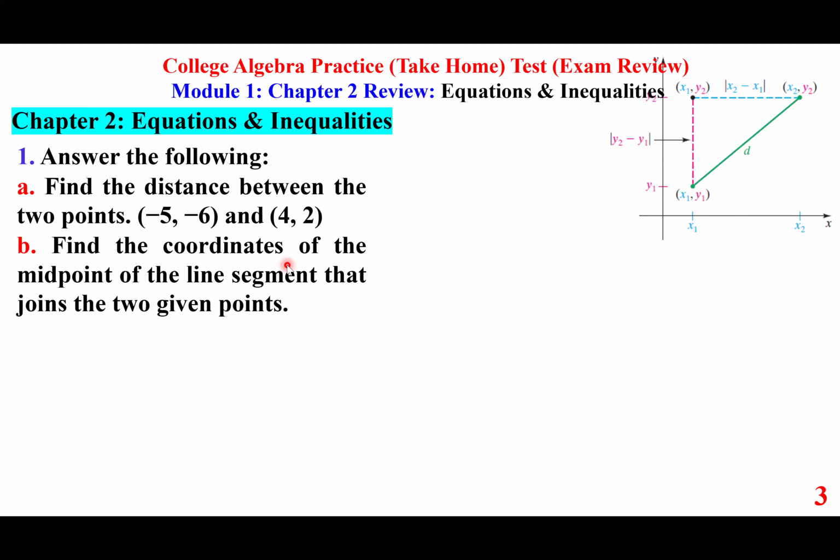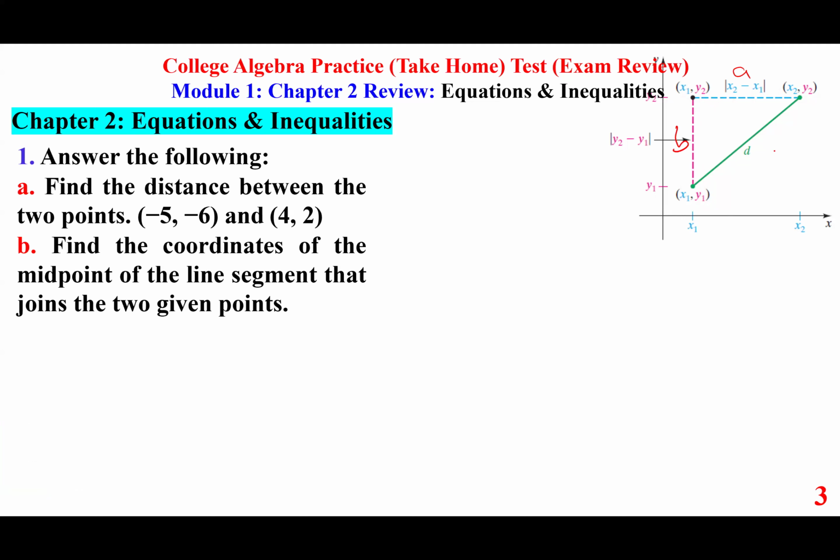So let's see what we have here, everybody. We have been given 2 points and we want to find this distance. Along the x-axis, we have x sub 2 minus x sub 1. Along the y-axis, we have the distance y sub 2 minus y sub 1.